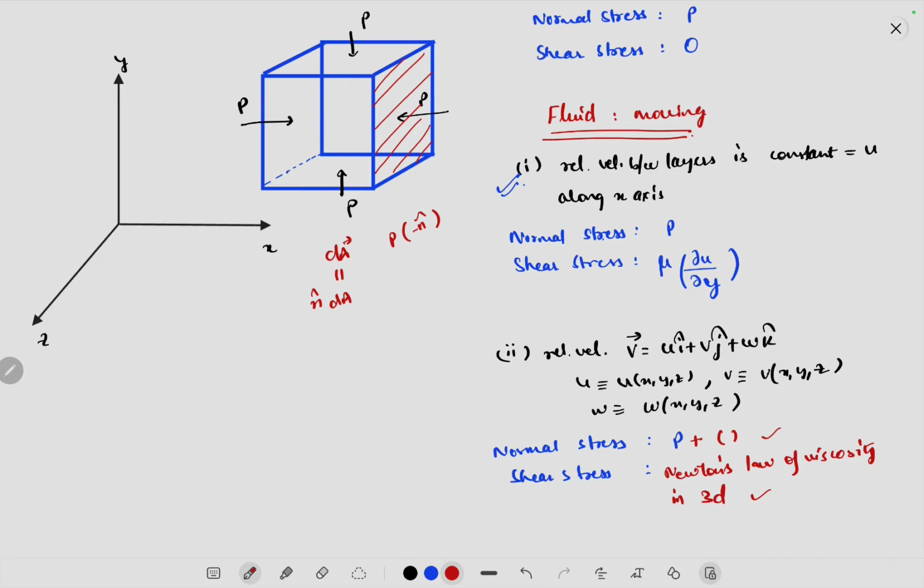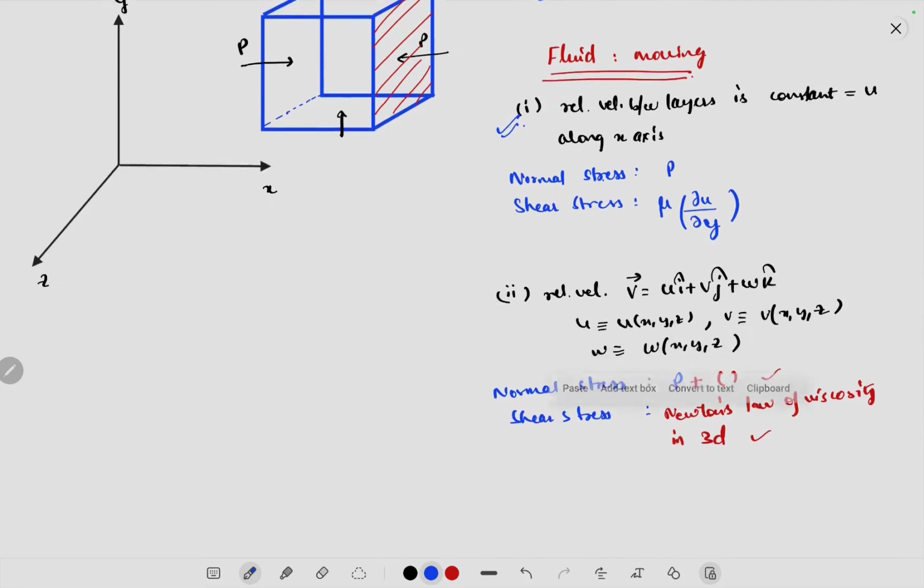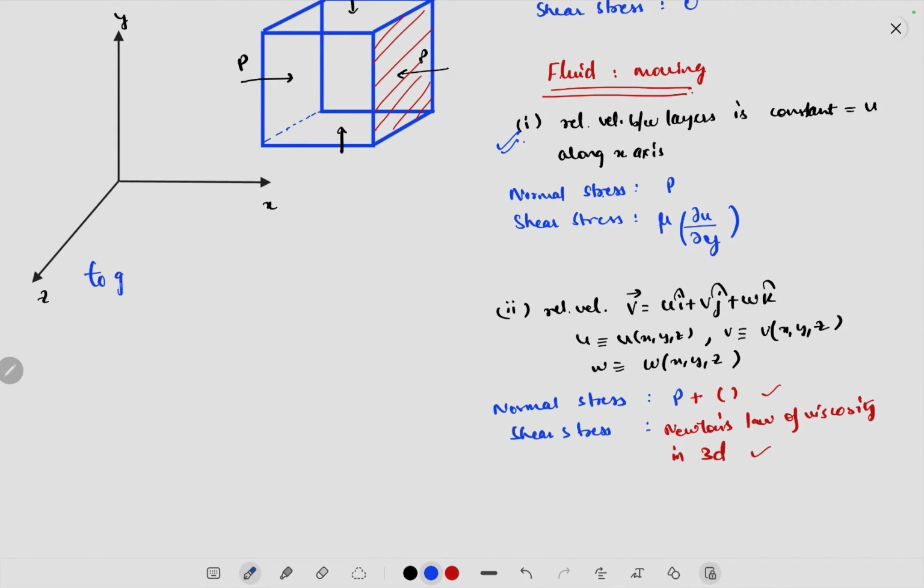So from this I can argue that to get the direction of stress, what I need to know is the area vector and the magnitude.